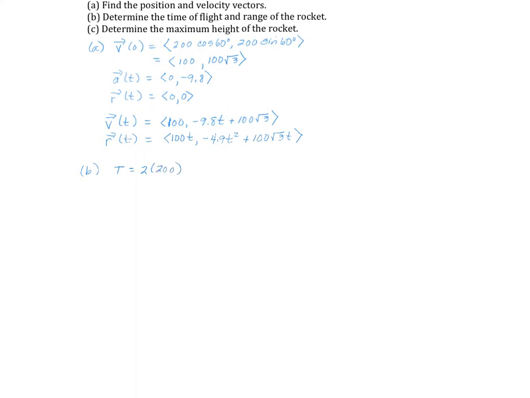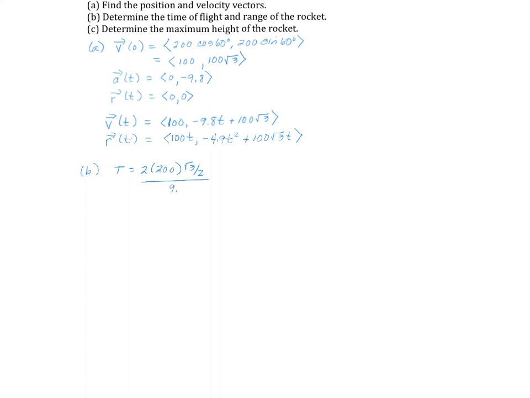That would be its initial speed. And then sine of 60, which would be the square root of 3 over 2. So all I'm doing is just plugging things into my formula over gravity, which is 9.8.